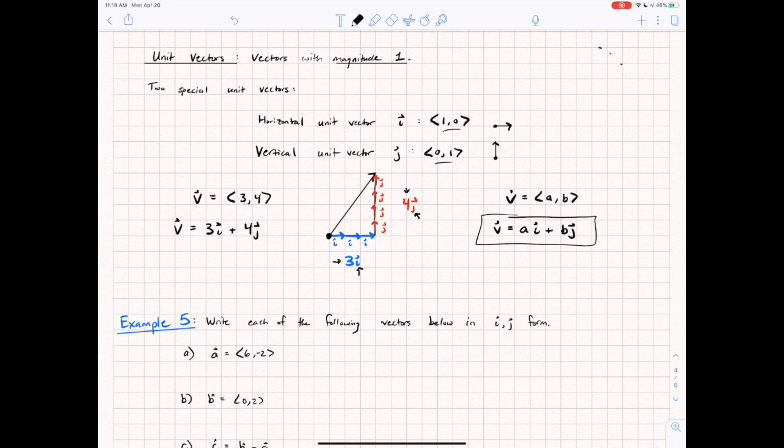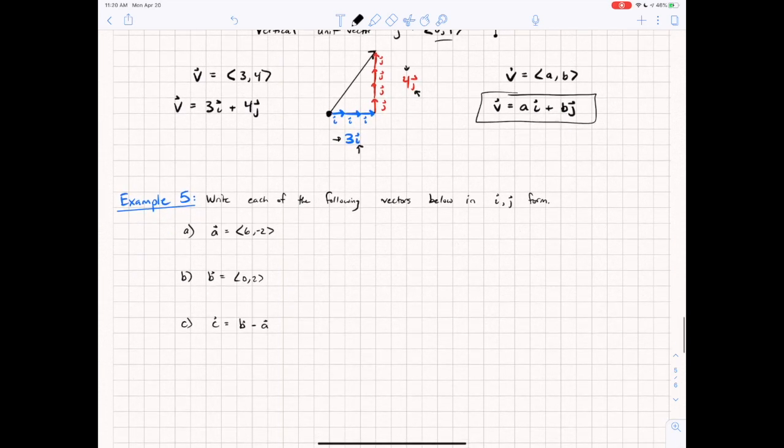So if we were to look at the vectors below, just practicing this definition, write each of the following vectors in ij form. If you had vector A, which was 6, -2, it's pretty easy to see that this would be written as 6i plus -2j, which I can then just write as 6i minus 2j.